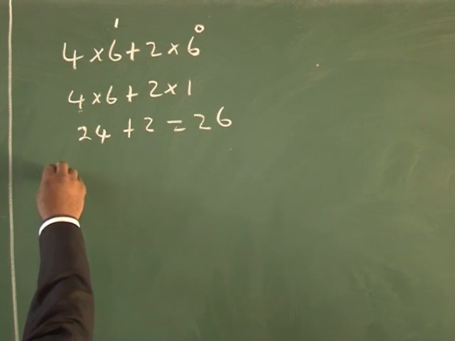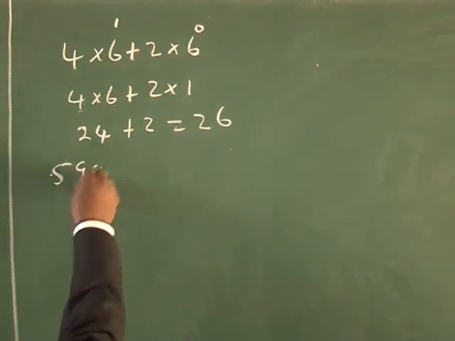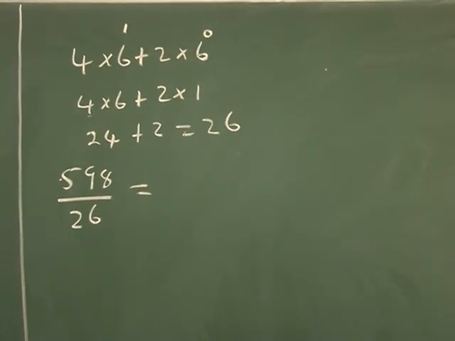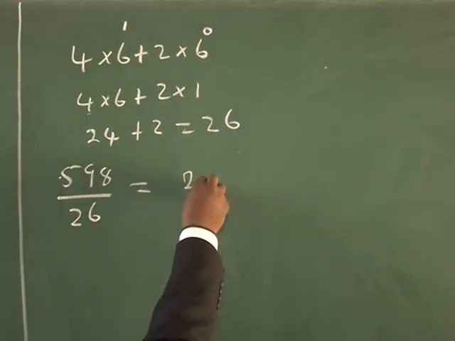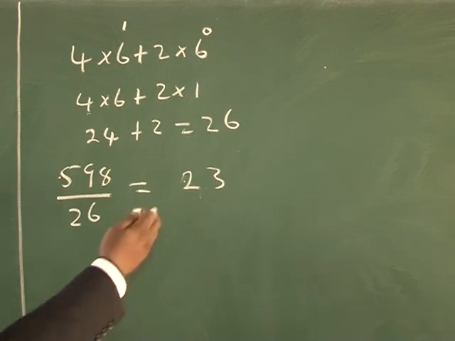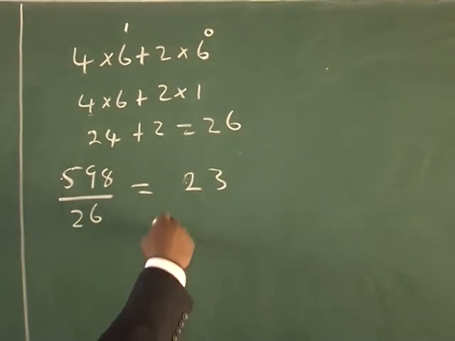Therefore, we'll now divide 598 by 26, and that gives us 23.